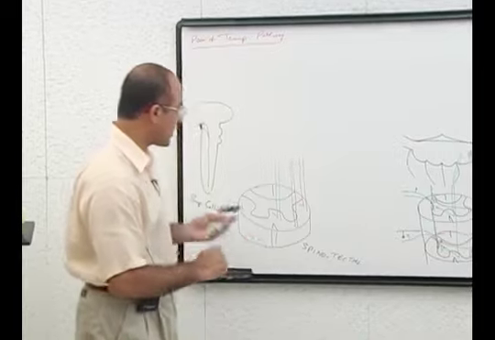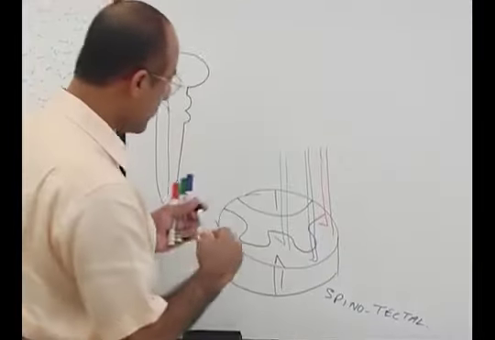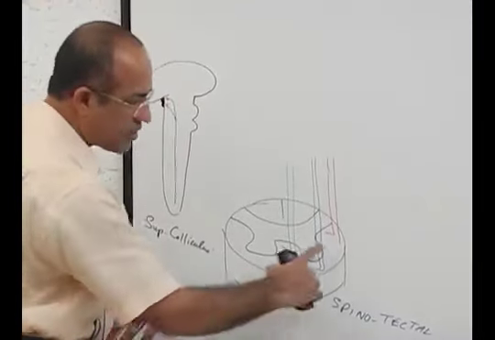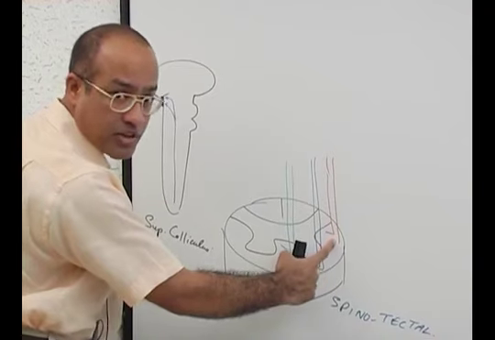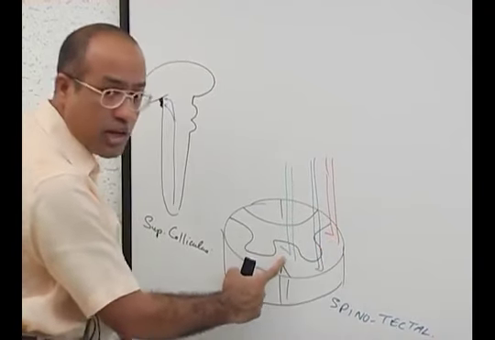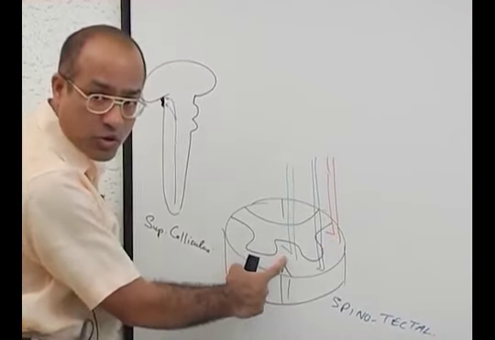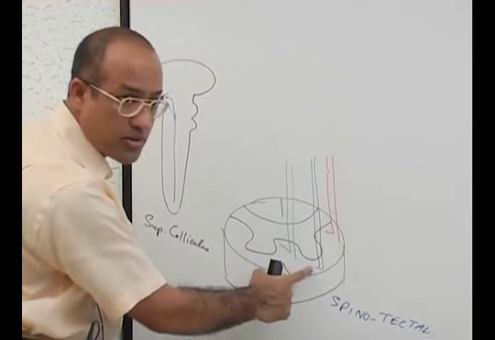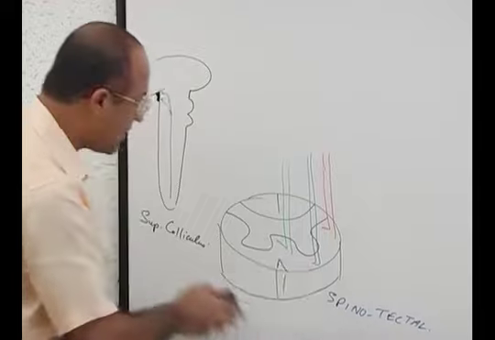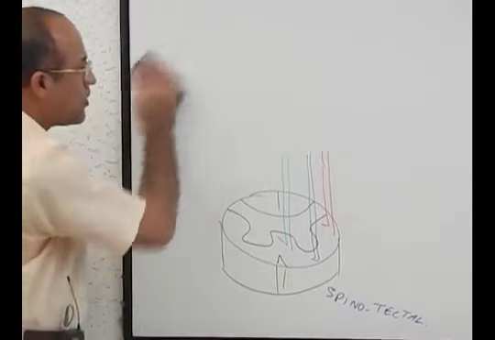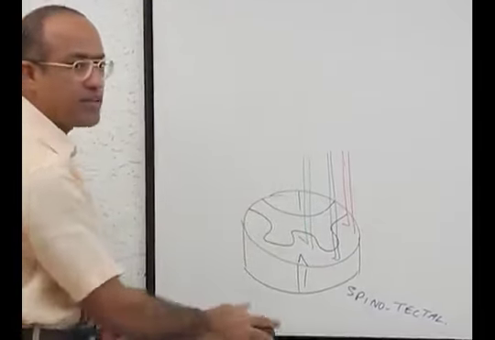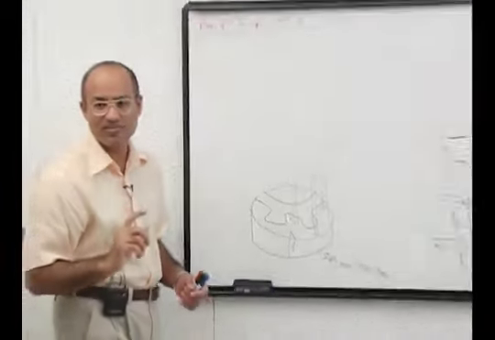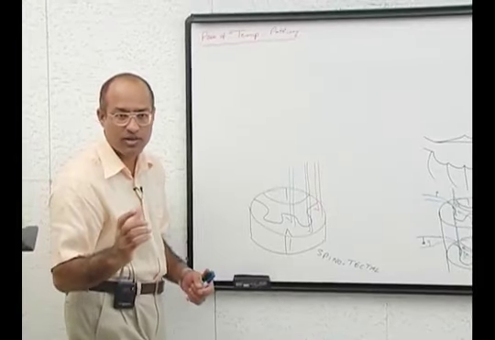Now what I really wanted to tell is that these three pathways: lateral spinothalamic, which is the pain and temperature pathway, anterior spinothalamic, which is the crude touch pathway, and spinotectal pathway, which is basically for spinovisual reflexes. Is that right? When these pathways go up to the medulla, they fuse together. Why am I trying to teach all of them?